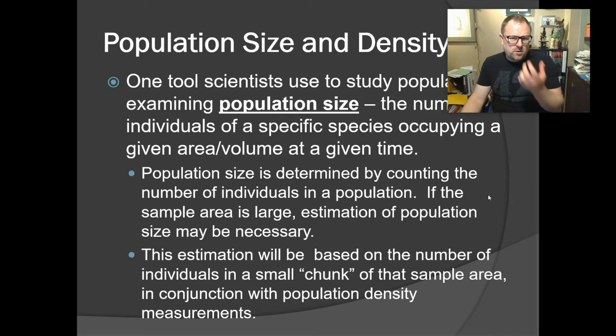Okay, so that's what we're talking about here. This estimation is going to be based on the number of individuals in a small chunk of that sample area in conjunction with population density measurements. And we're going to talk about density in a second here, because that comes into play when we talk about population size.